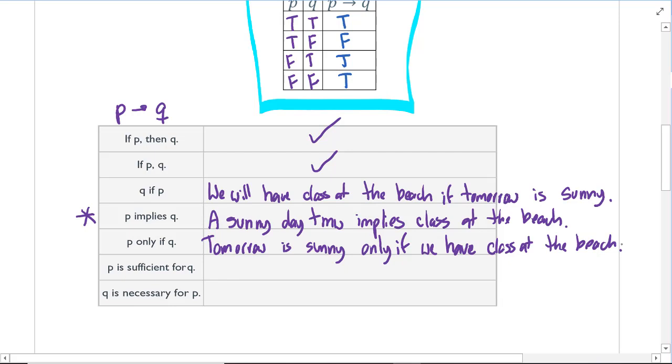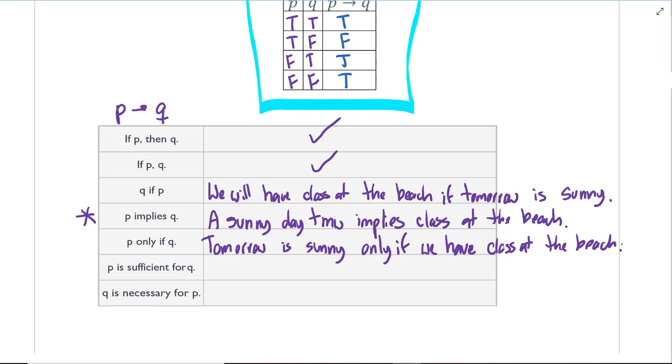That statement has the same exact meaning as our original statement that said, if tomorrow is sunny, we will have class at the beach. Now, of course, we can't really determine what the weather is going to be based on having class at the beach.